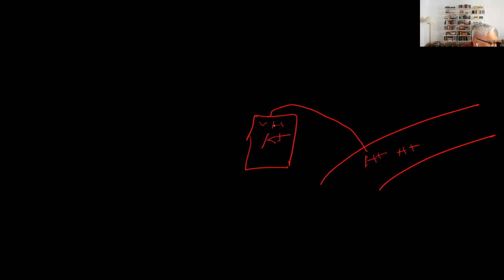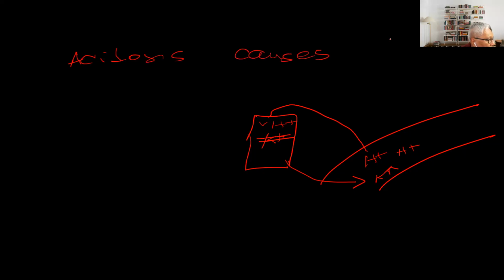But the problem is hydrogen does not like to have any partner. And so it will throw this potassium out here. So you will now have a lot of potassium in the vascular space. So acidosis causes potassium increase in the vascular space.